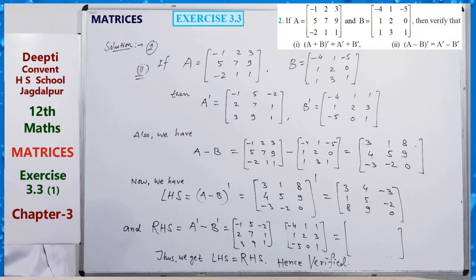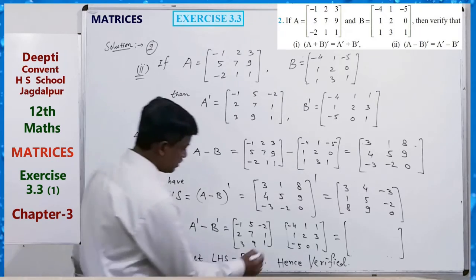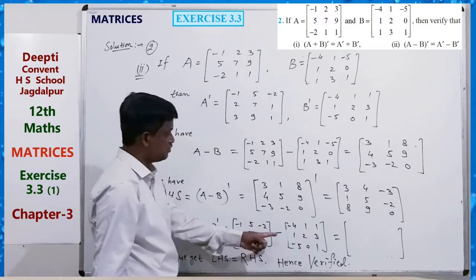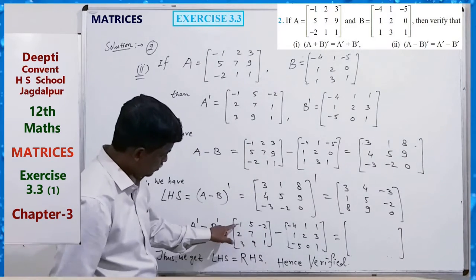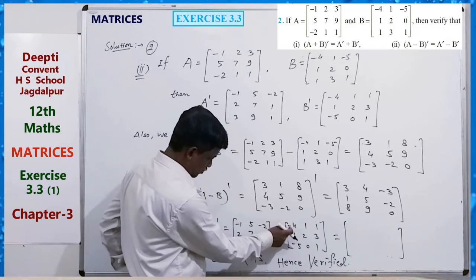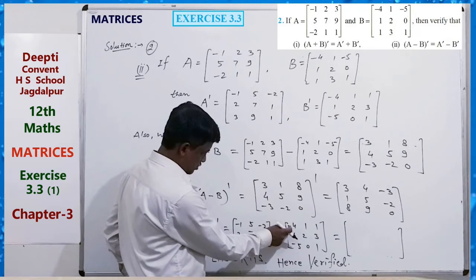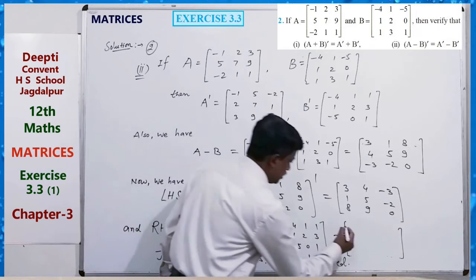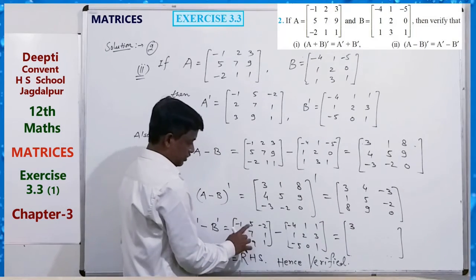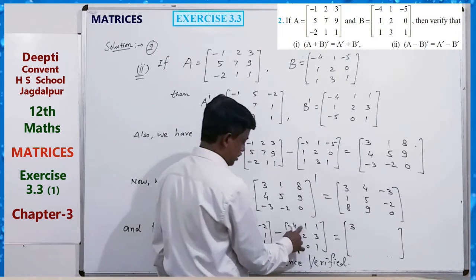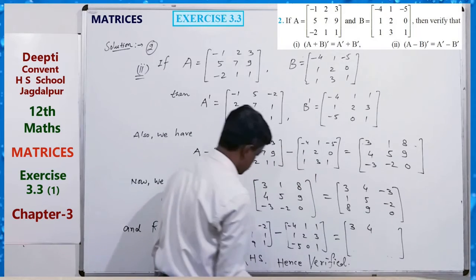So A dash minus B dash, that is, here the minus sign. This is A dash, this is B dash. Minus 1 minus minus 4, 3. 5 minus 1, 4.